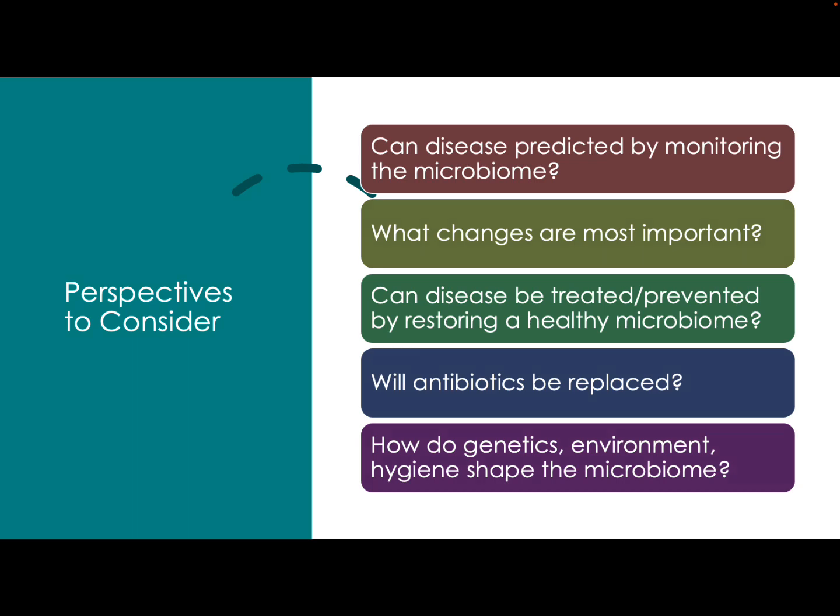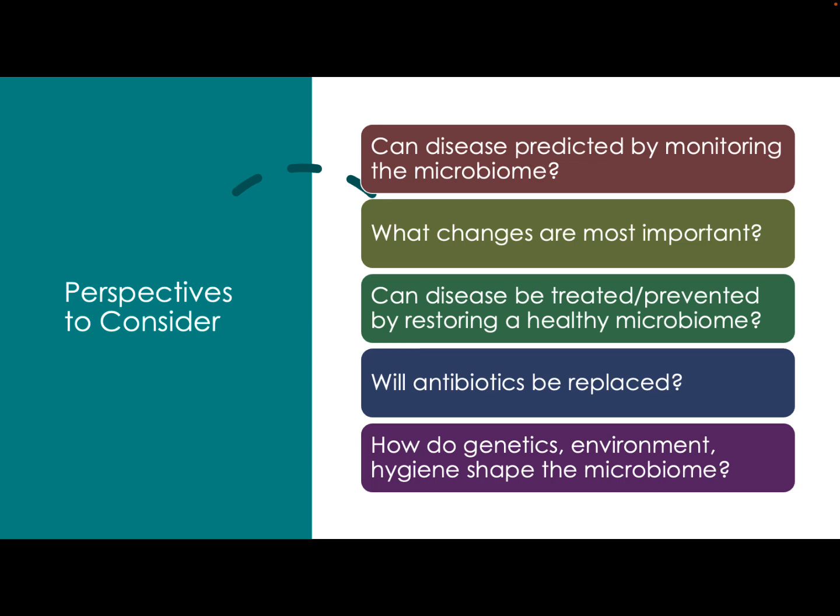So, perspectives to consider. Can disease be predicted by monitoring the microbiome? And these are not questions that necessarily have an answer. These are areas that are being explored by scientists interested in the human microbiome. What changes are most important? Can disease be treated or prevented by restoring a healthy microbiome?